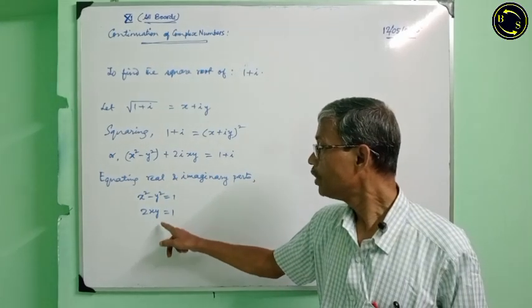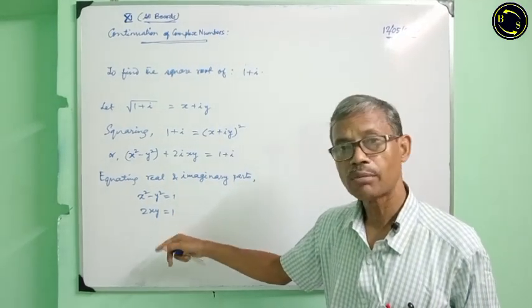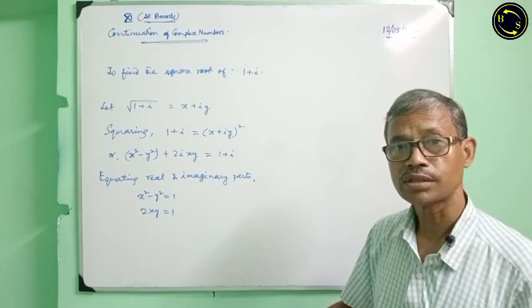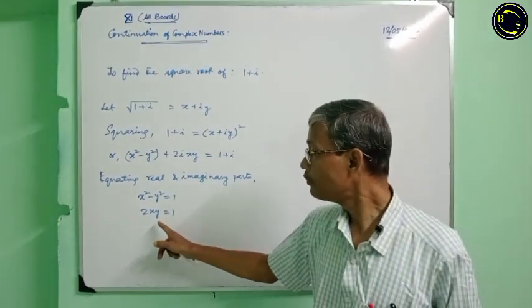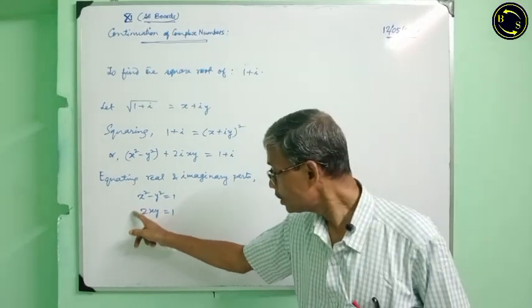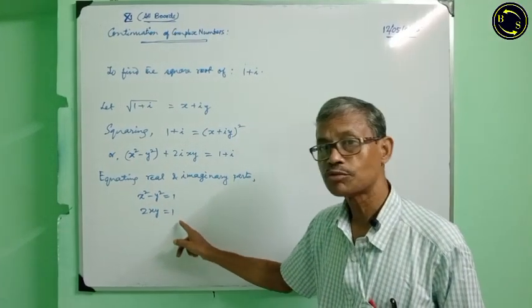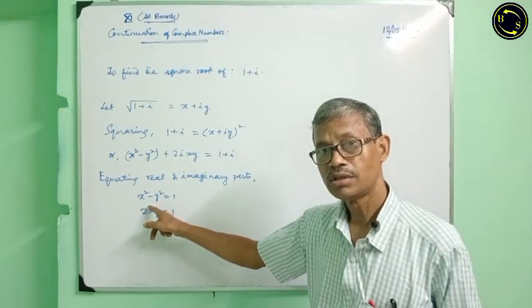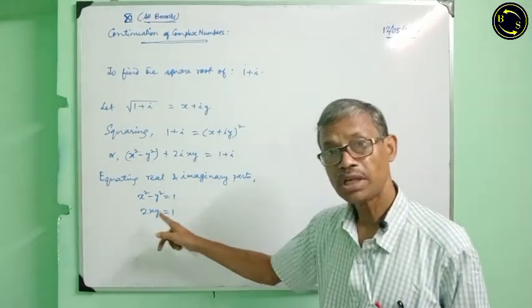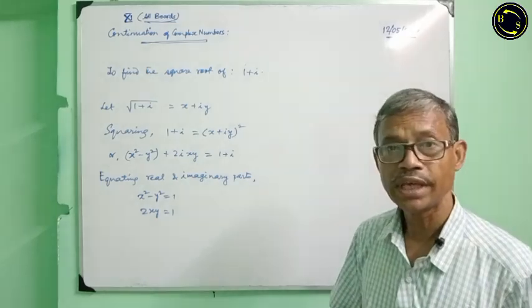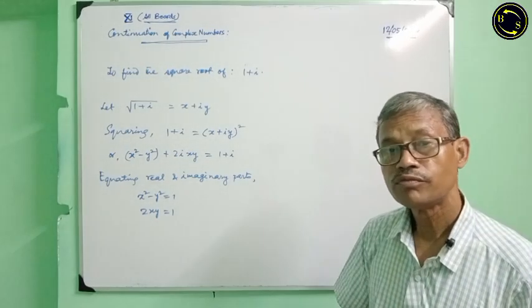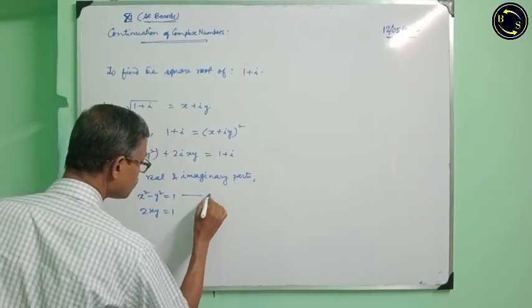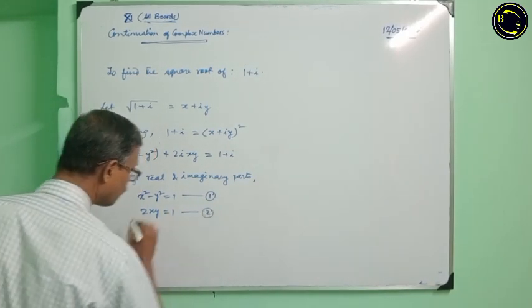After getting this, we find the value of x square plus y square, applying the identity learned in lower classes, or we find from this equation y in terms of x or x in terms of y, and put that value in the first, and we will get an equation involving x. I follow the first one. Call this 1 and 2.